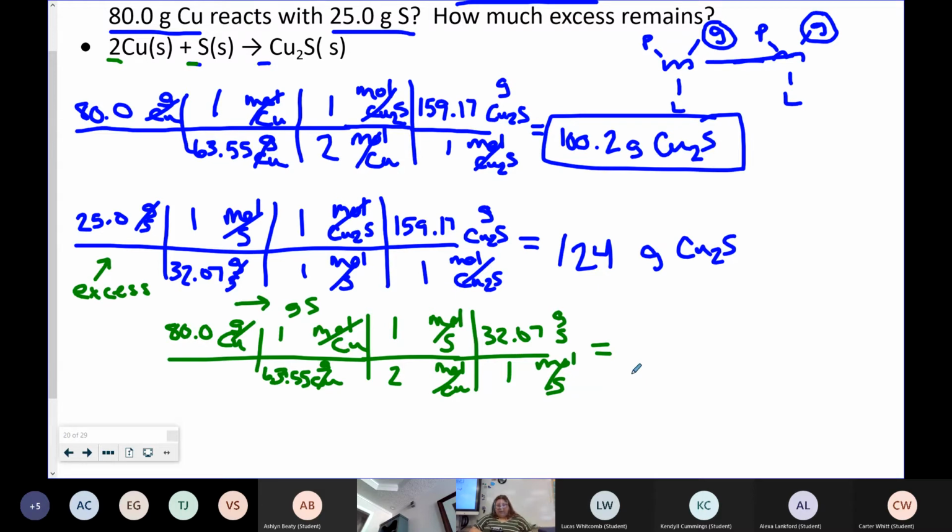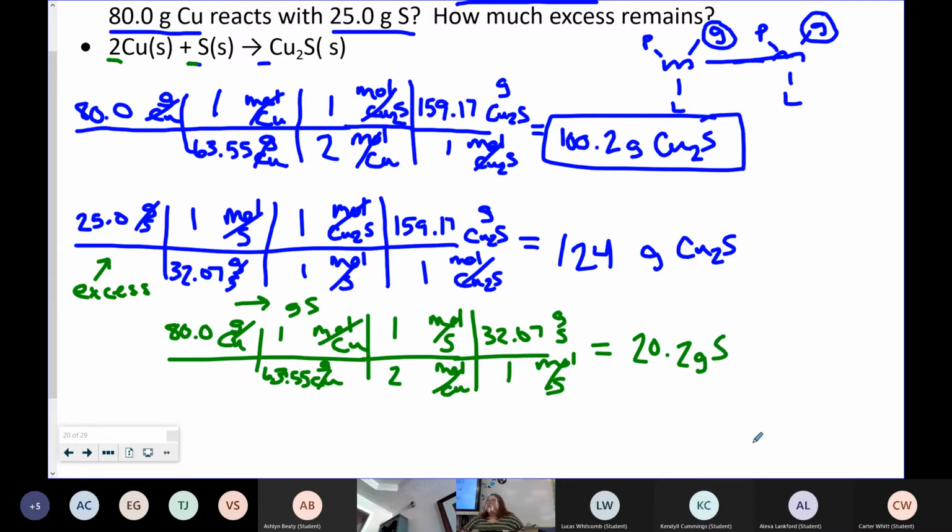So we'll do the 80 divided by 63.55 divided by 2 times 32.07. So this is 20.2 grams of sulfur that react.